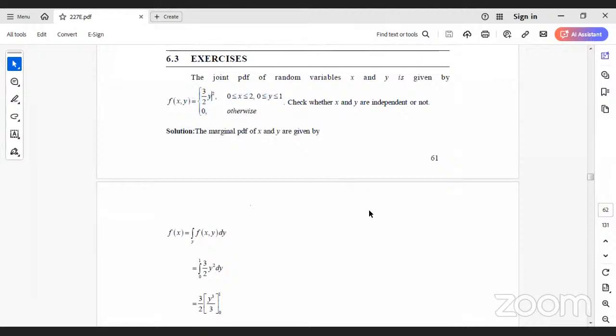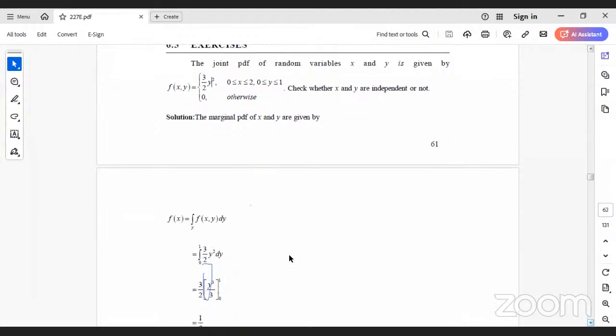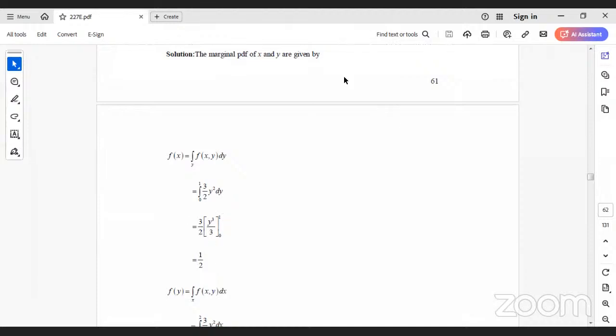We have (3/2) y², so I'm taking the common factor 3/2 out. Then the integration of y² is y^(n+1)/(n+1), so we get y³/3, with lower limit 0 and upper limit 1. Applying the limits gives 1/3, so the 3 cancels, and f(x) is 1/2.